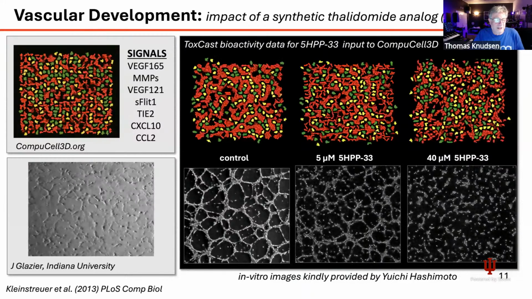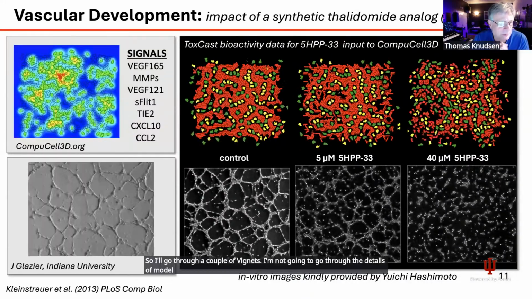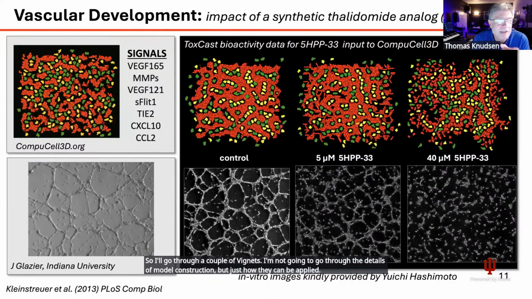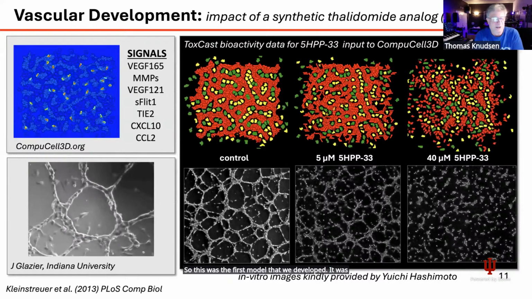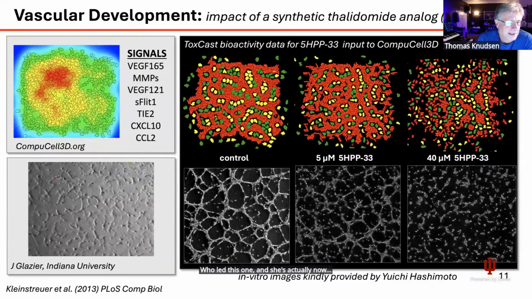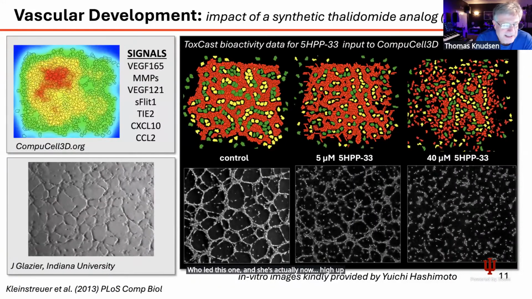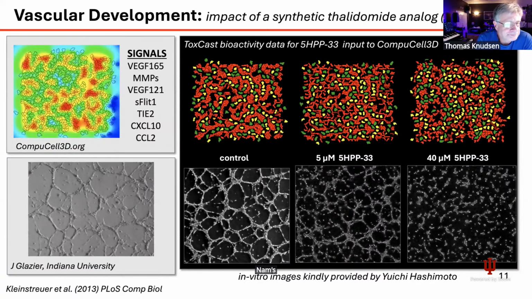I'll go through a couple of vignettes. I'm not going to go through the details of model construction, but just how they can be applied. This was the first model that we developed. It was a postdoc, Nicole Kleinstreuer, who led this one, and she's now high up at the NIH implementing their NAMs research program.